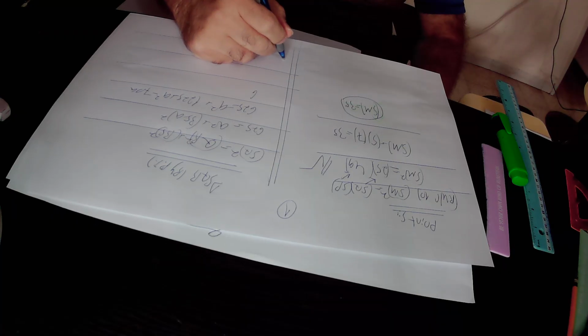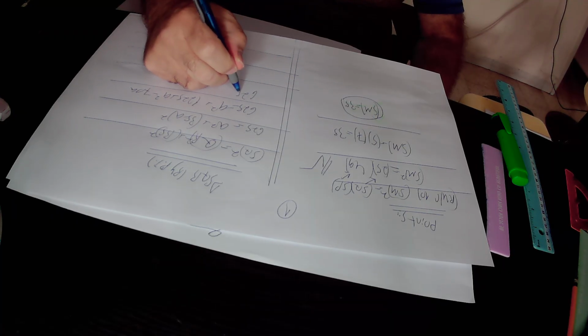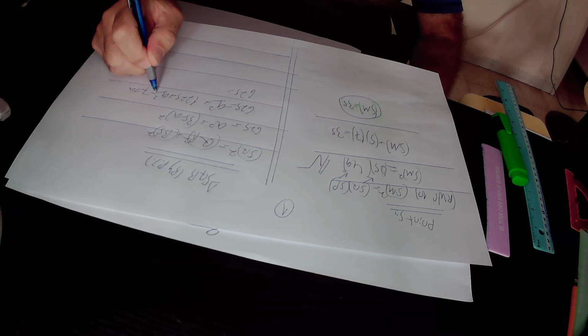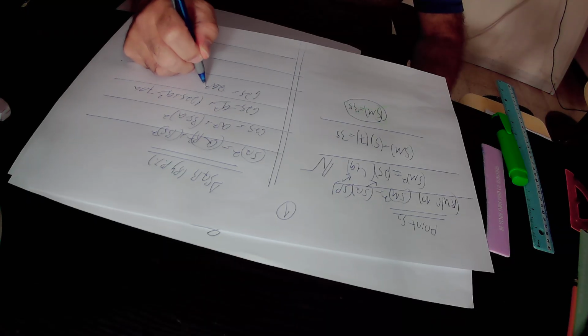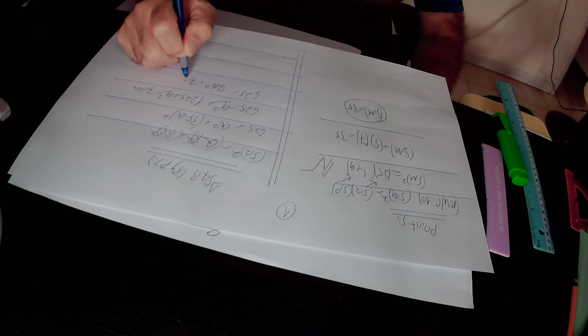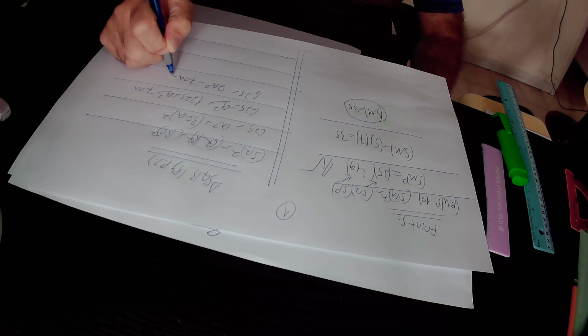So 625 equals to a square plus a square, that is 2a square, minus 70a, plus 1225.